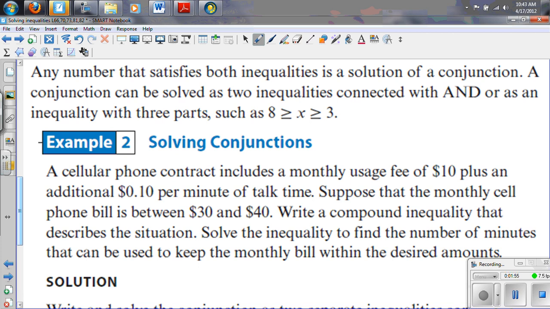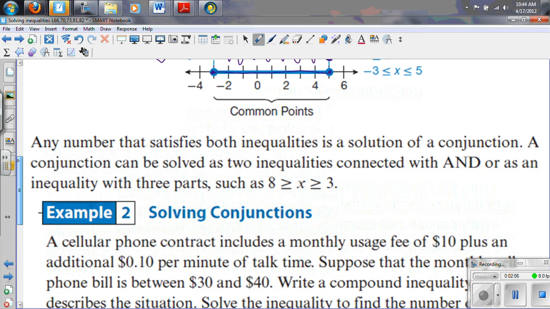So a conjunction can be solved as two inequalities connected with an "and," or as an inequality with three parts. So here's how you would write this if it was an inequality with three parts.